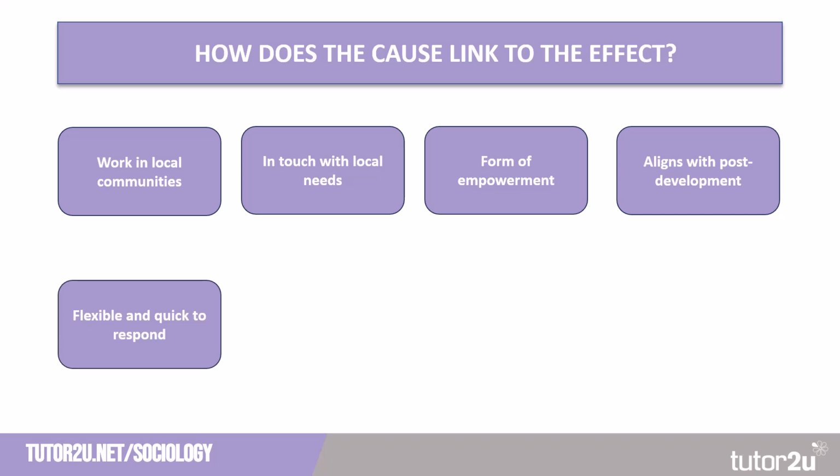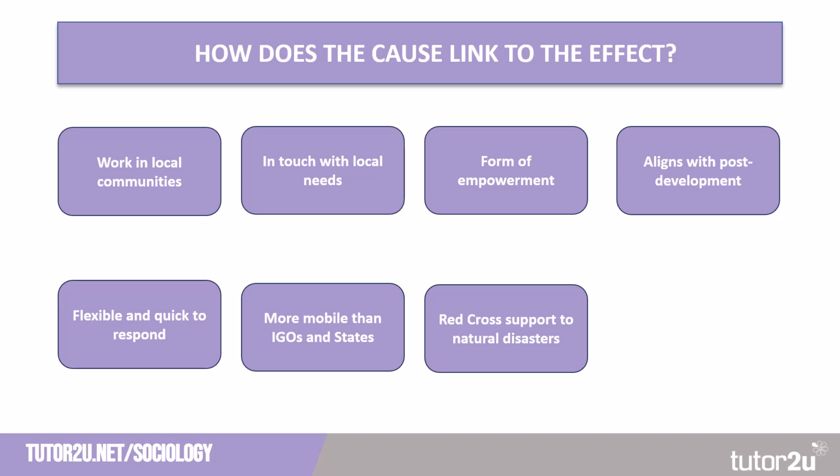Our other hook is that NGOs are more flexible and quick to respond. They are more mobile than international governmental organisations and states. Why is this a benefit to development? Well, we can use examples of how different NGOs have supported natural disasters, for example, and linking this into humanitarian aid.